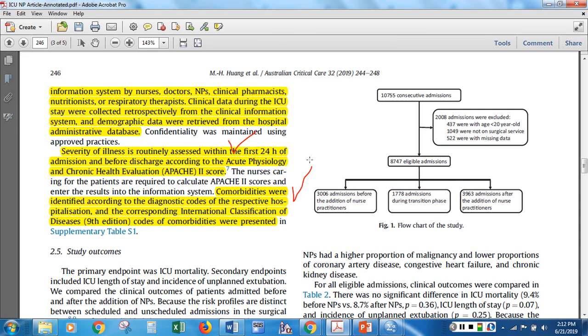And so this is a positive thing because we're sure that whatever diagnoses were captured in the study, that those diagnoses were classified appropriately because of the use of ICD-9 codes, and that also reduces misclassification bias.